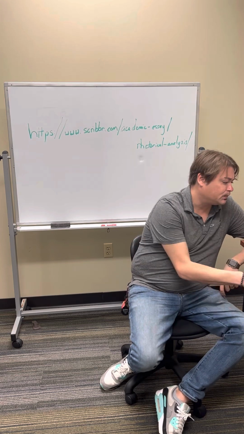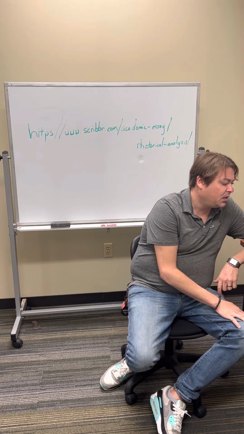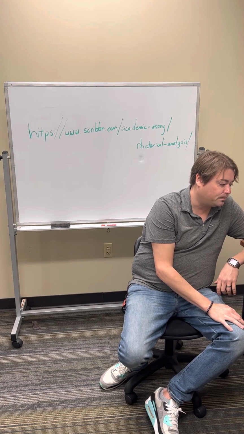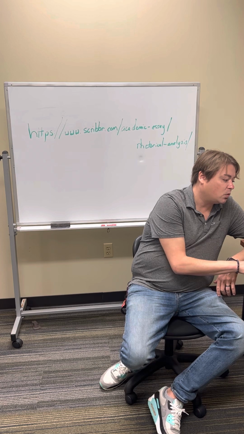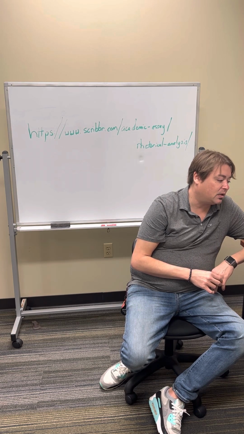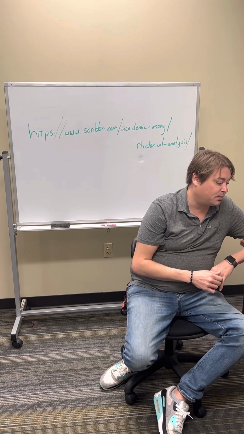And what it says is, like all essays, a rhetorical analysis begins with an introduction. The introduction tells readers what text you'll be discussing, provides relevant background information, and presents your thesis statement.